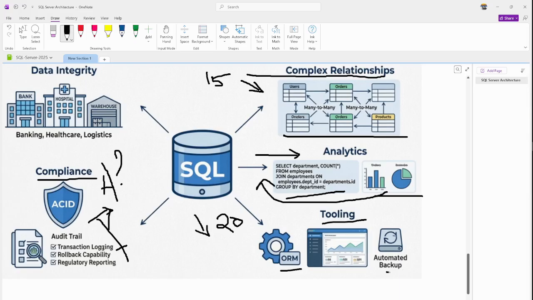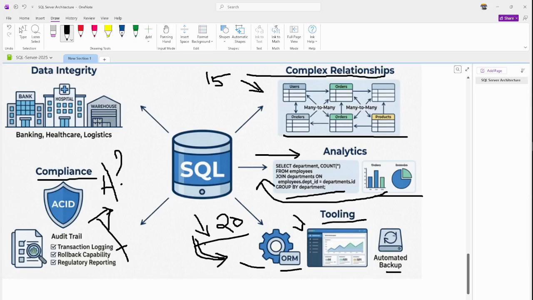Developers often use tools like Entity Framework or Hibernate, which allow them to write code in their favorite programming language like Python or C, and the ORM automatically generates the complex SQL queries for them. So they write in Python and it will query in SQL. This is going to convert that.